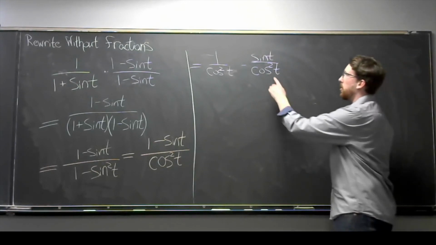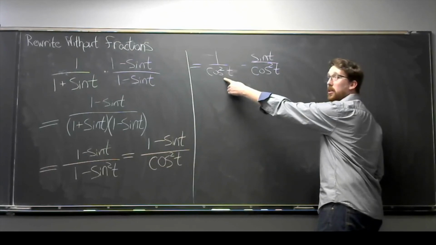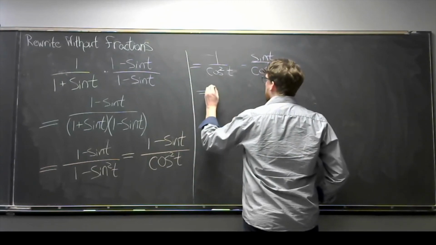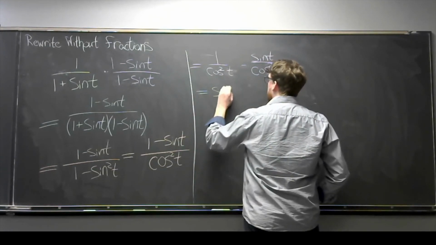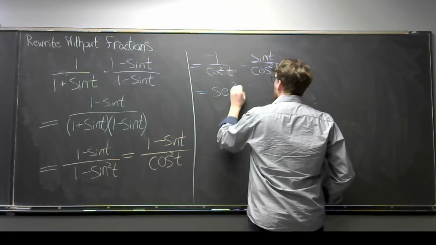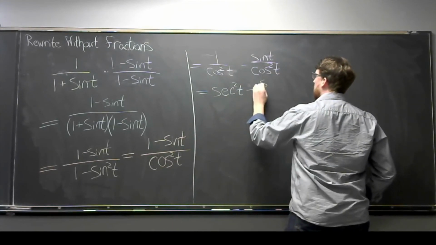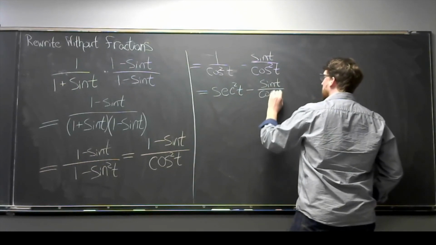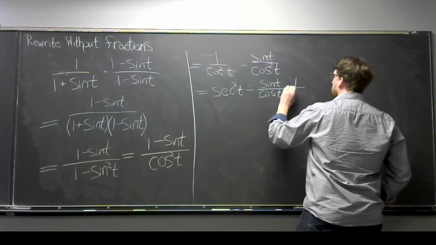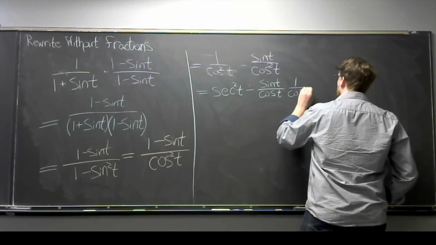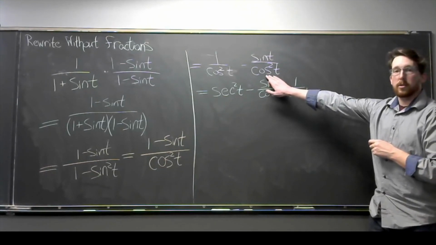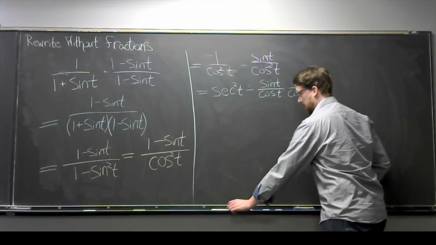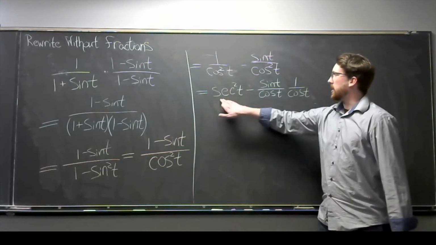Well, we can break up this fraction a little bit and we can go ahead and rewrite this fraction. What we're going to get is this is secant squared of t minus sine t over cosine t times 1 over cosine t. All I did was break up this cosine squared. And I rewrote this as secant.